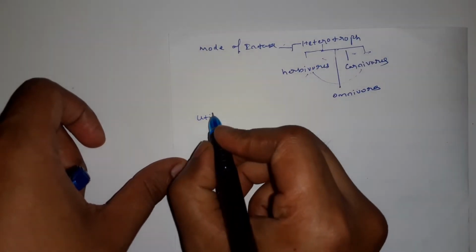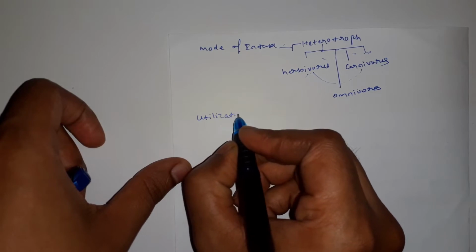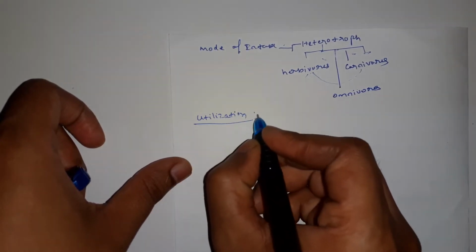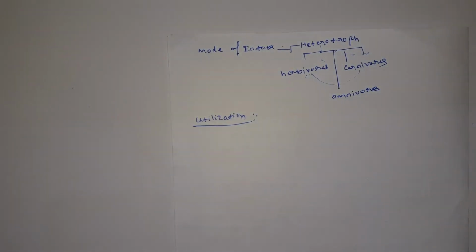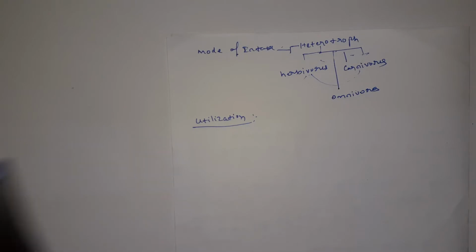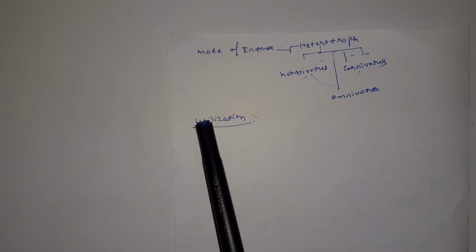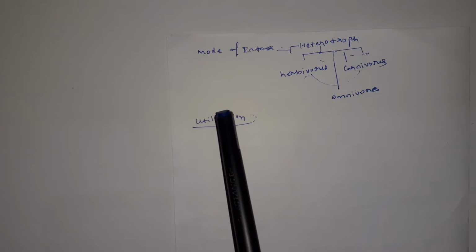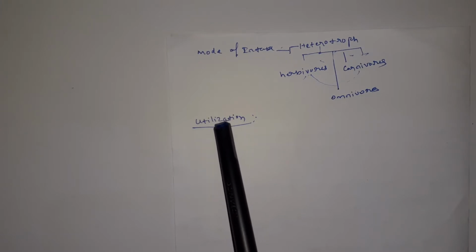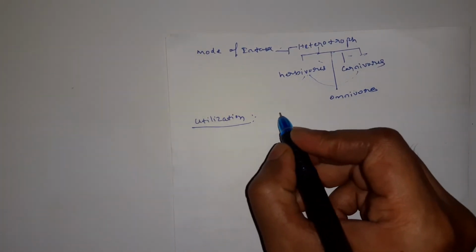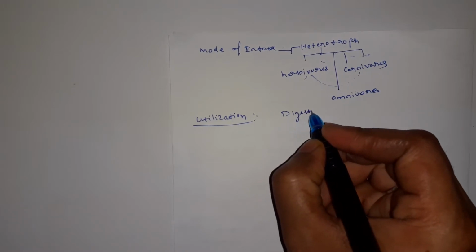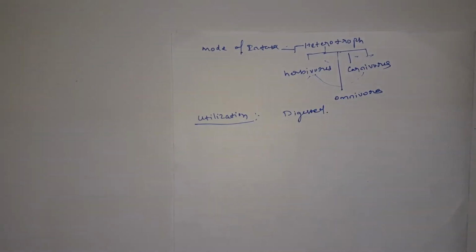And the third point comes: utilization. What do you mean by utilization? Once the food is consumed, how our body is going to utilize it. This needs the study of how it is going to be digested. Maybe you have wondered, the many cows, sheep, buffaloes, they eat grass.